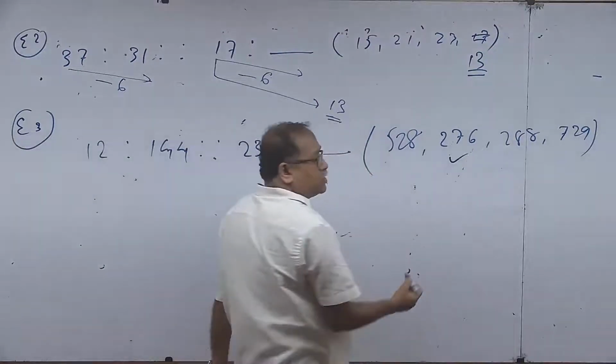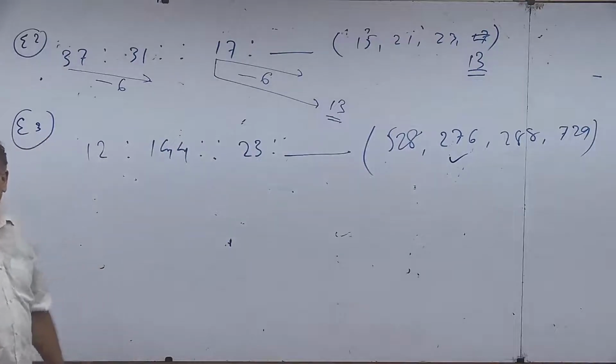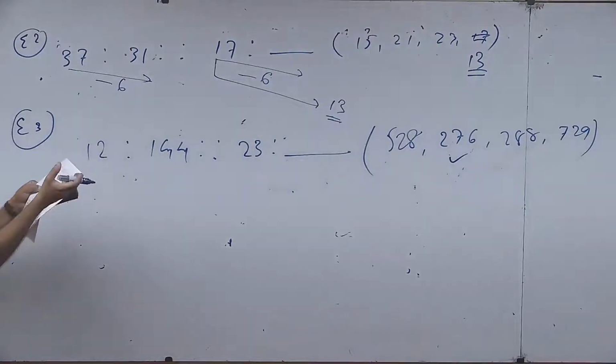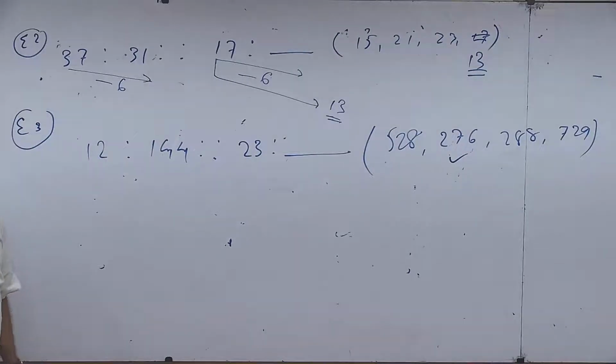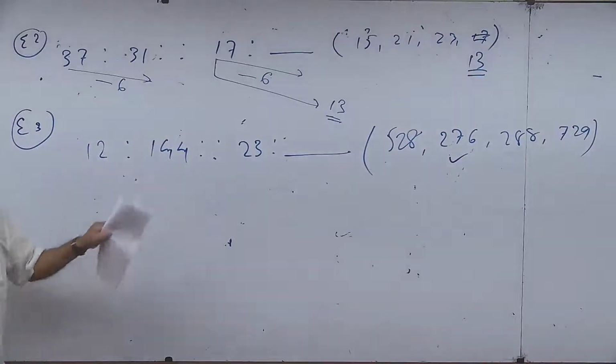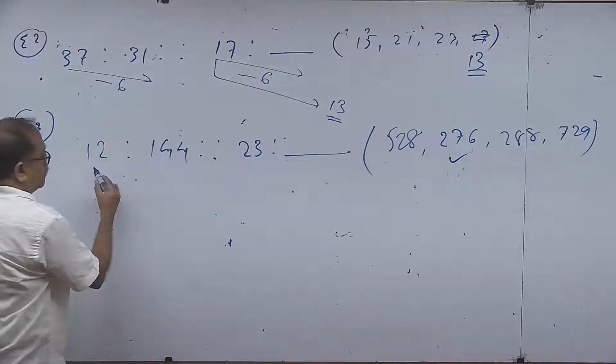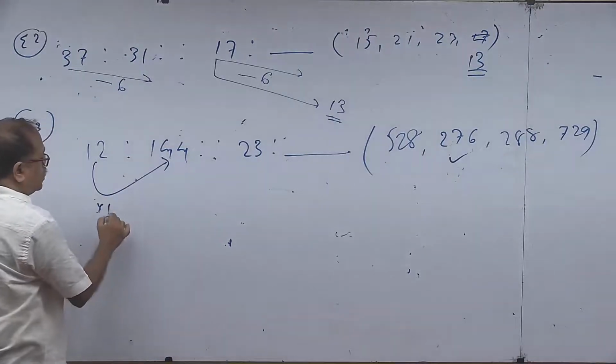Okay, just allow me to see one or two more responses. How is it? The number is increasing. If the number is increasing, and it is not 12 square, it could also be into 12. If it is not 12 square, then from this number to this number, it could be into 12.